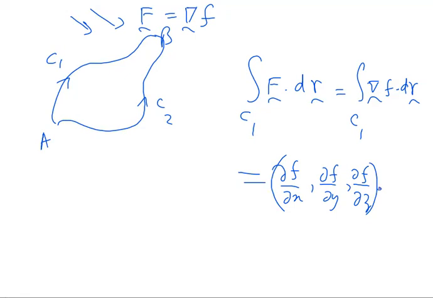It is dotted with dx over dt, dy over dt, dz over dt, and here we have dt, right? This last term is dt.